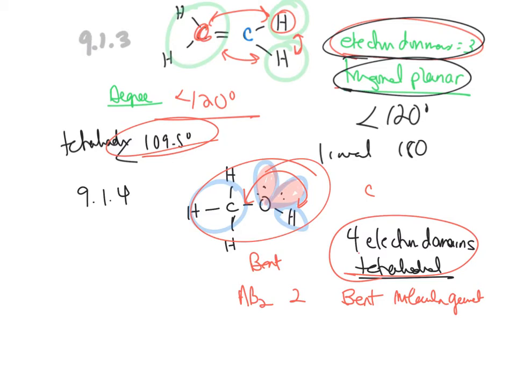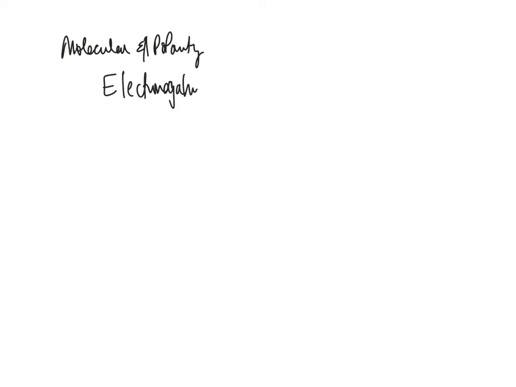All right, so let's push on to the next topic, which is polarity. So we need to talk about molecular geometry and polarity. So here we want to show the electronegativity difference within a covalent bond.